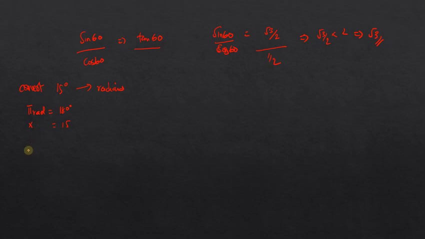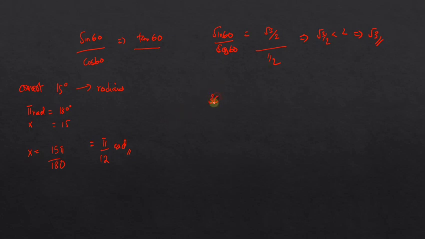So our x will be equal to 15 pi over 180. And that will give us pi over 12 rad.